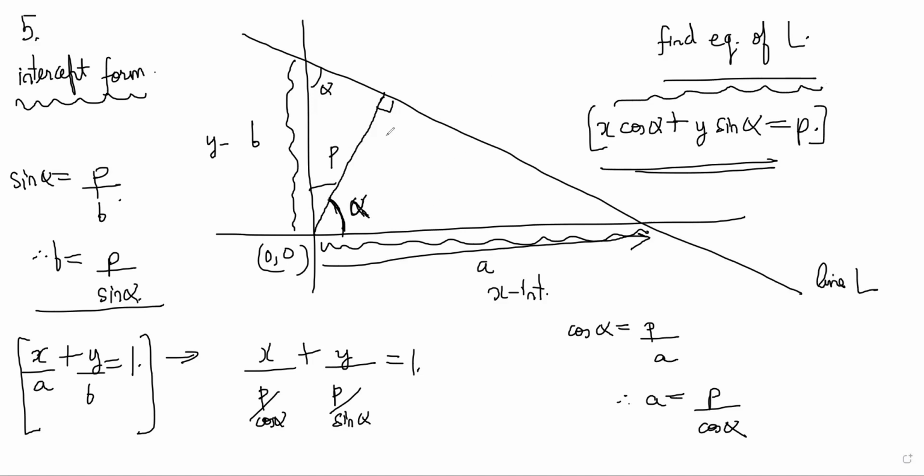Here, p means length of perpendicular from origin to the line, and alpha means the angle that the perpendicular makes with x-axis, right? So just write it down and remember that we will be using this in some situations in the future. And also the derivation, how we got it, that should also be obvious.